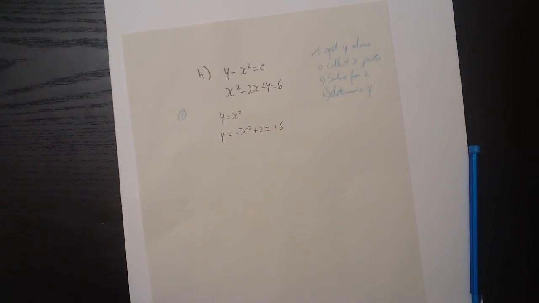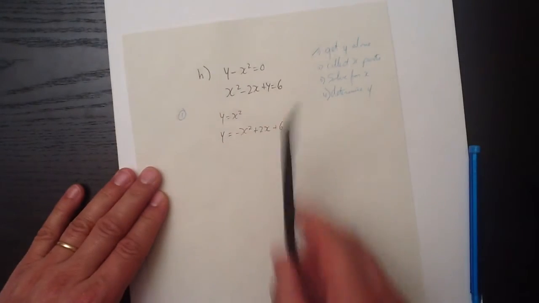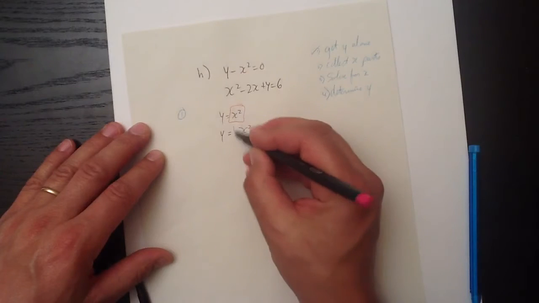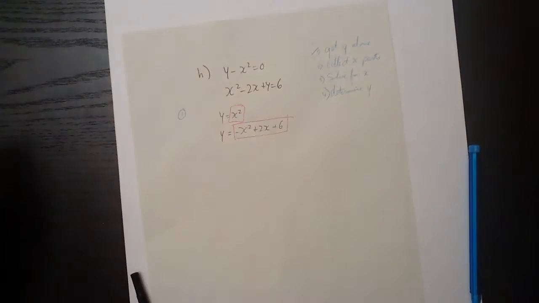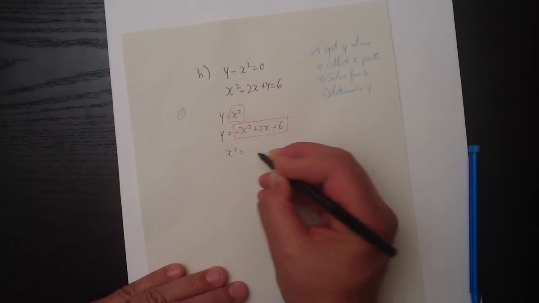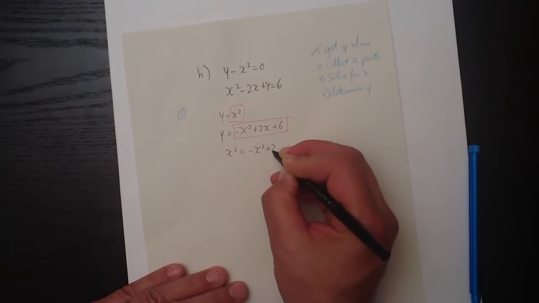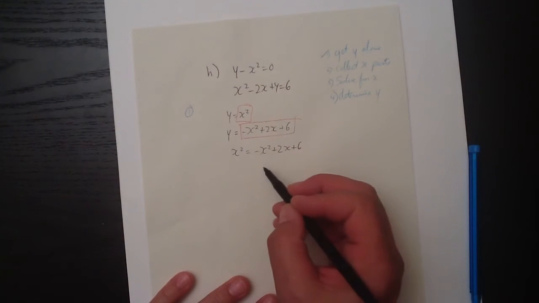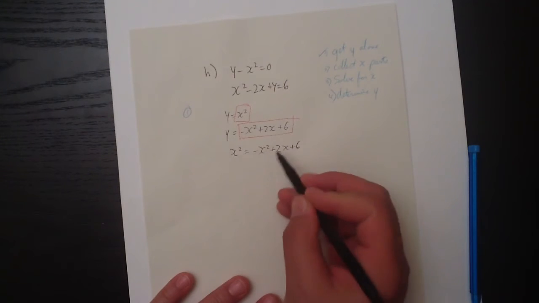Collect the X parts. That's Y, that's Y. So they must both be Y, so they must both be equal to each other. So X squared equals negative X squared plus 2X plus 6. Let's move the X squared to the other side.